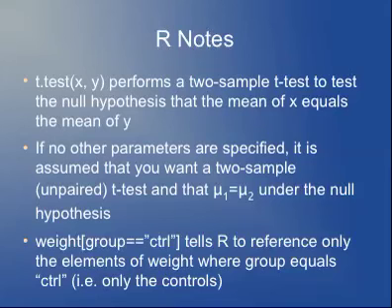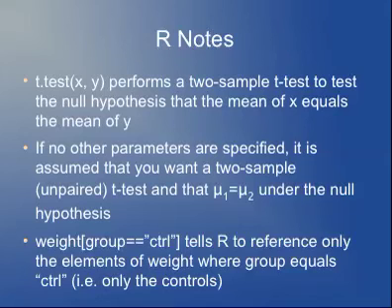And in general, if you say t.test x comma y, that'll do a two-sample t-test, testing the null hypothesis that the mean of x equals the mean of y. Note that this time I don't say paired equals true. If you don't specify that you want a paired t-test, by default R assumes that you want an unpaired t-test, which is much more commonly used than the paired ones.